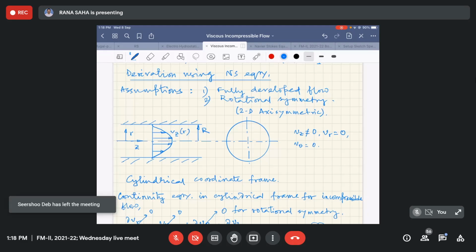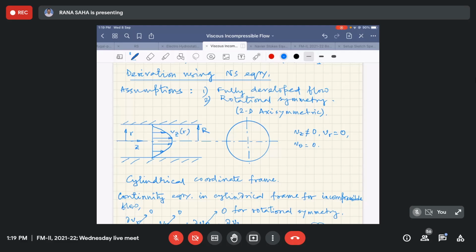There is no hard and fast rule that you need to follow the Navier-Stokes equation always. Sometimes the control volume approach becomes cumbersome. So it is once again the choice of the person who is handling the situation.